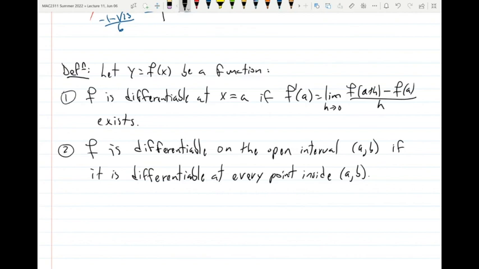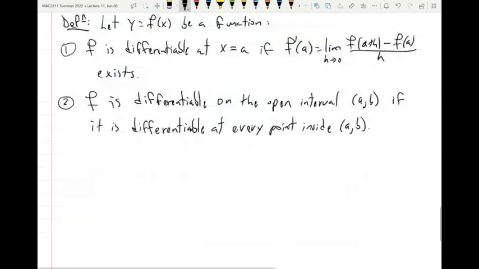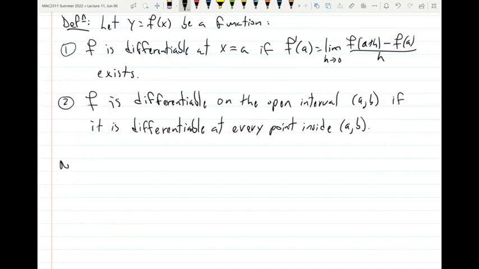There's another way that we can rewrite this limit at a point. Not with x, but when it's at a point, there is another way of writing this, and it's actually easier for computation. So let me say here, note: this is the alternative form for the derivative.